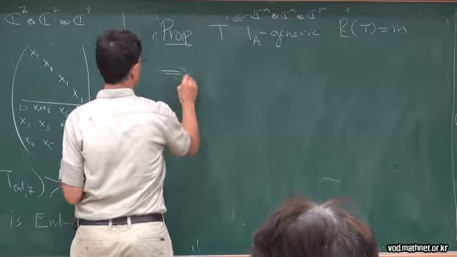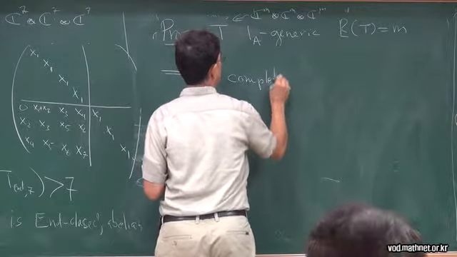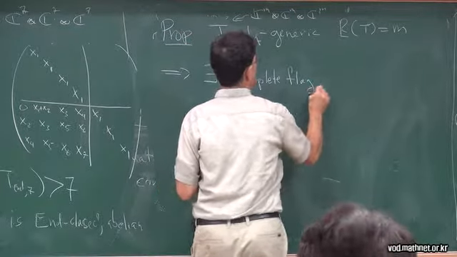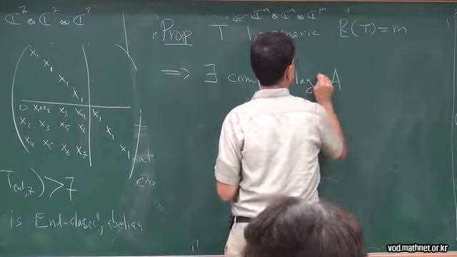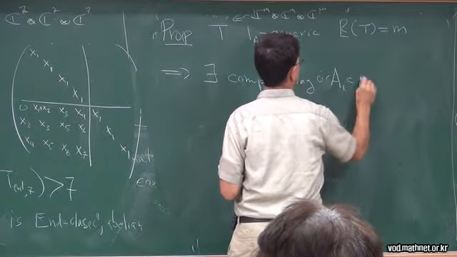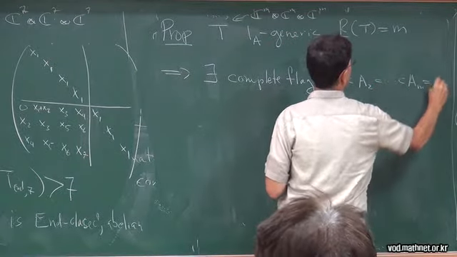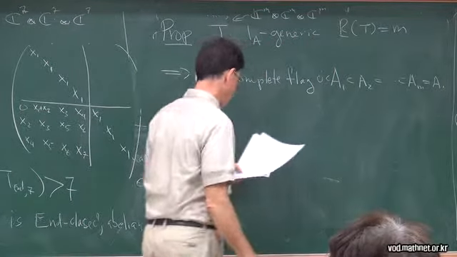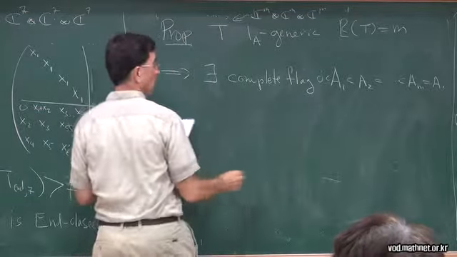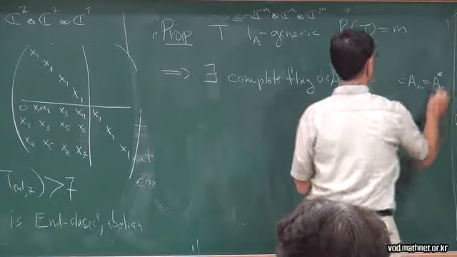Then there exists a complete flag, say 0 contained in A_1, contained in A_2, contained in A_m, which is A. I guess I want this to be A dual.